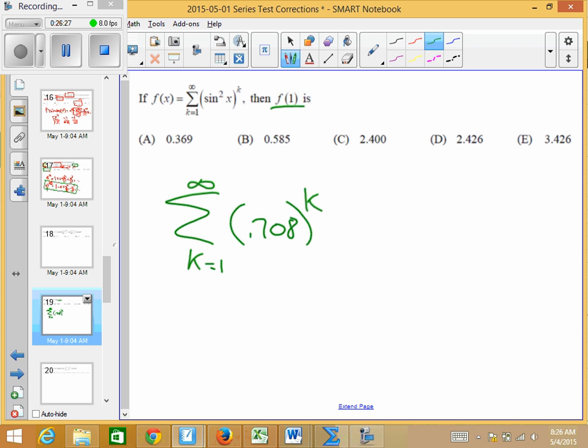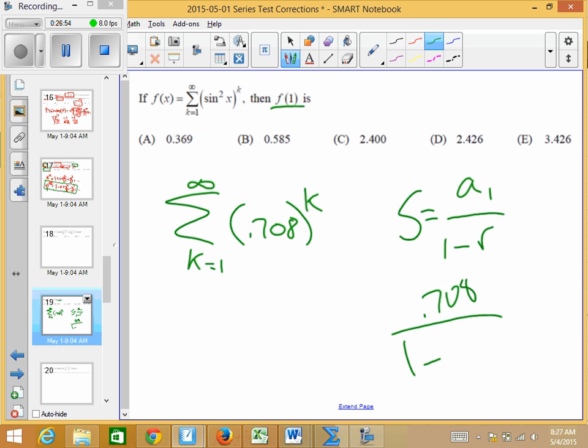I'm rounding. What should I really round? And so I might really store this into A on my calculator. Once I realize this is a geometric series, I'm going to use my formula for the sum of a geometric series. The only formula we know to get from it is our first term, which is 0.708, over 1 minus r.